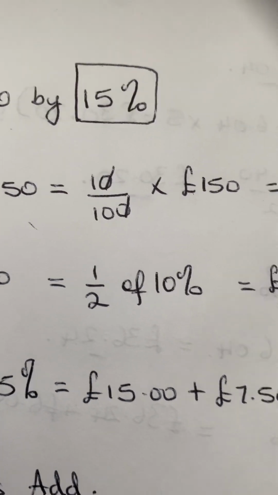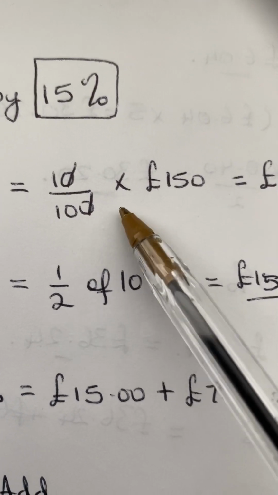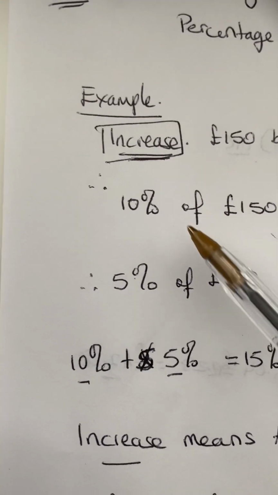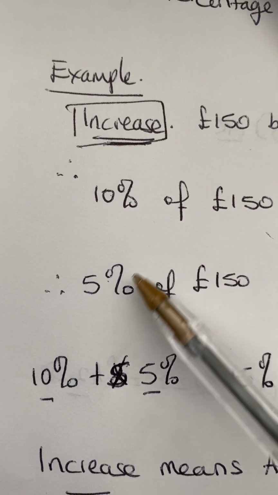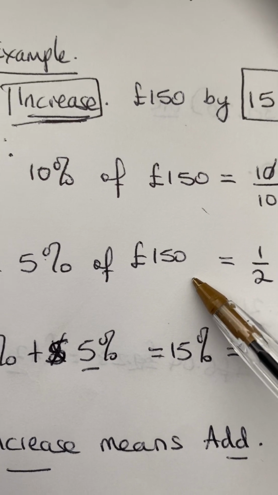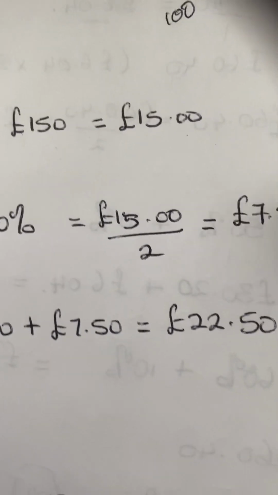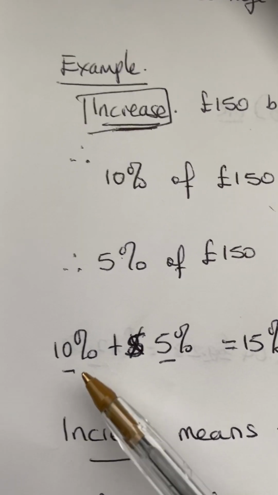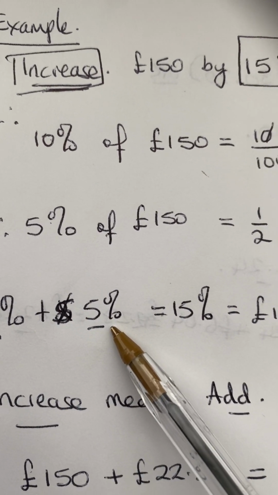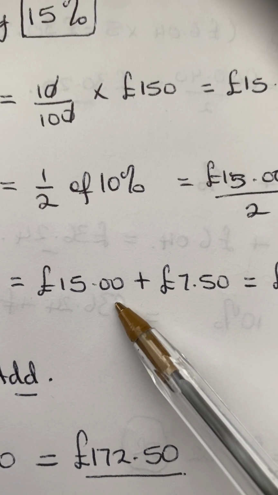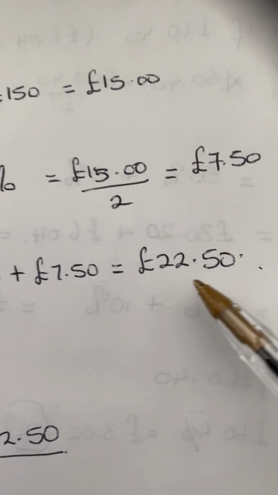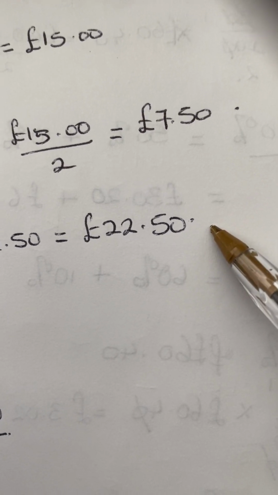Or you can do 10 over 100 times 150 pounds, and it will still give you 15 pounds. So you found 10%. Now 5% will be half of that. So half of 15 pounds is £7.50. Now, if you add 10% to 5%, which is 15 pounds add £7.50, you are going to get £22.50.